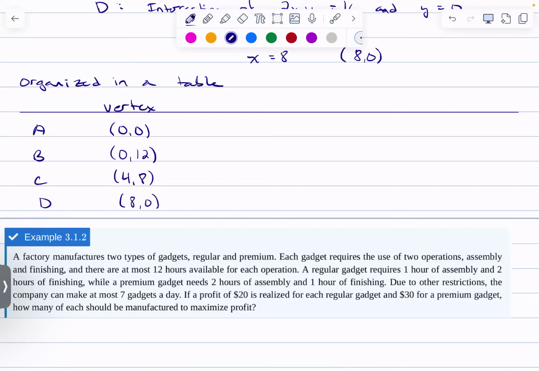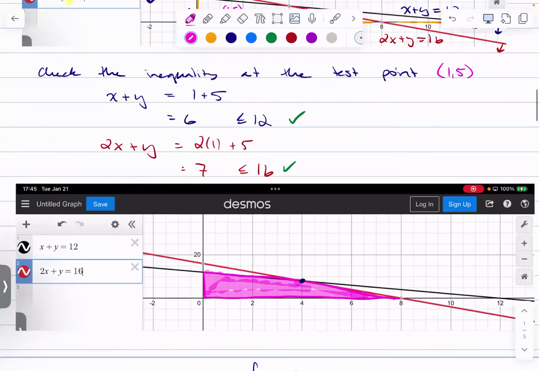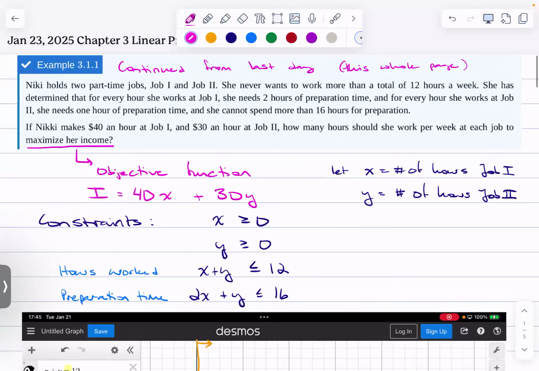Now for the fun part. The objective function, and I'll use pink again, I, that we wanted to maximize, way back here, is 40x plus 30y.